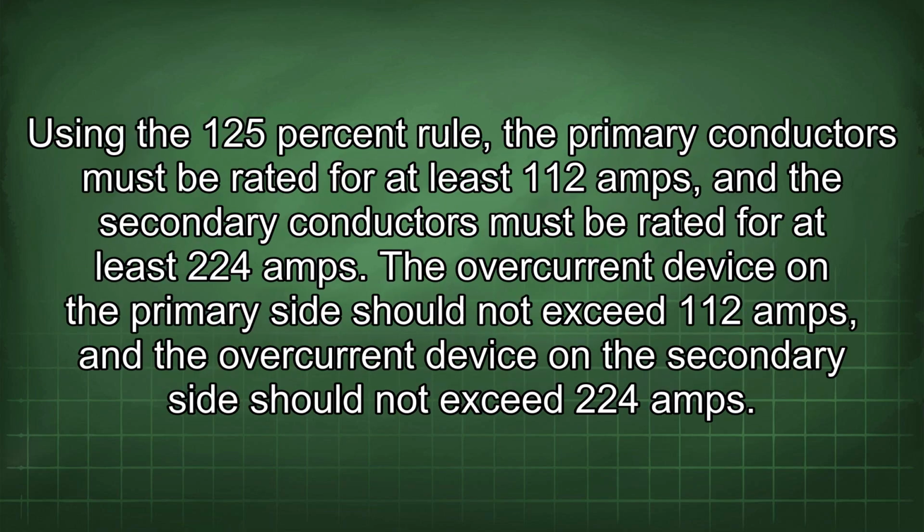Using the 125% rule, the primary conductors must be rated for at least 112 amps, and the secondary conductors must be rated for at least 224 amps. The overcurrent device on the primary side should not exceed 112 amps, and the overcurrent device on the secondary side should not exceed 224 amps.